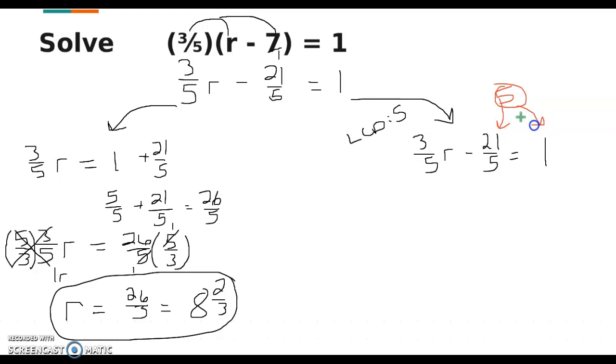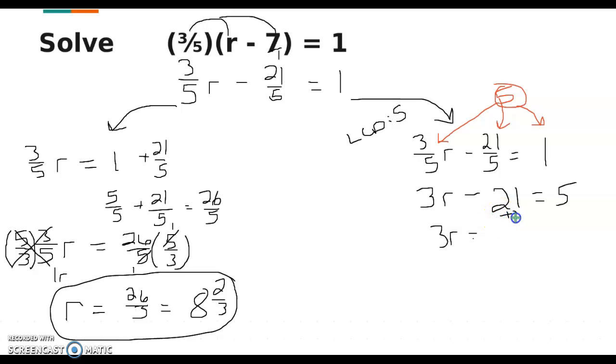Let's see how this works here. Alright, 3/5 times 5. The 5's sort of go away. Think of it as 3r. 21 over 5. The 5's cancel out. I'm left with 21. But then 5 times the 1 here gives me a 5. Now I have 3r minus 21 equals 5.